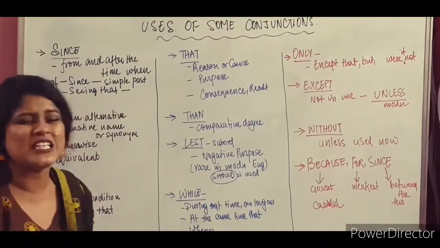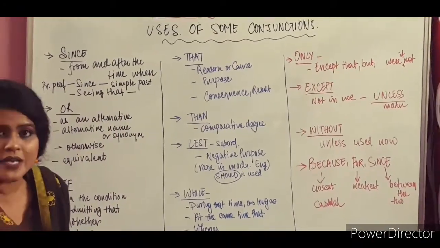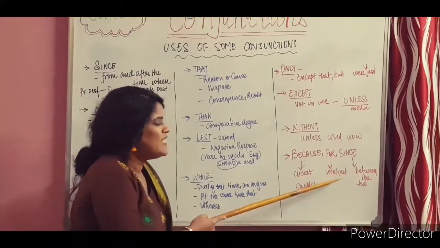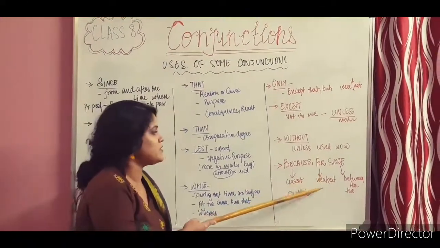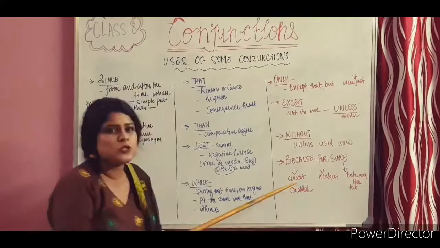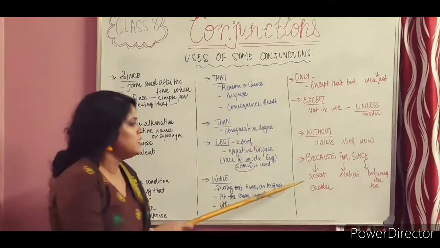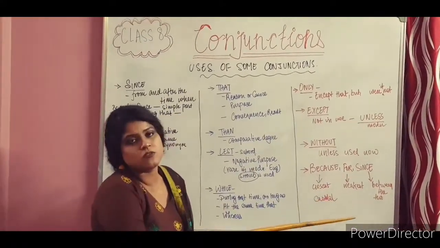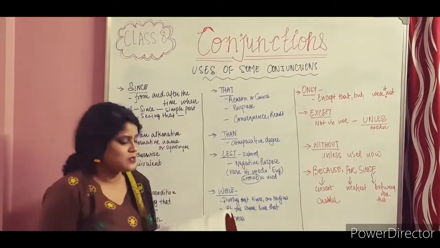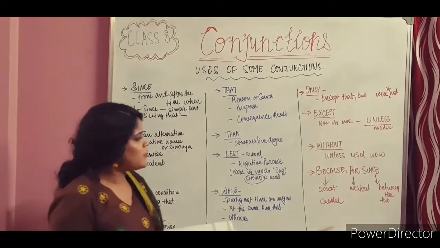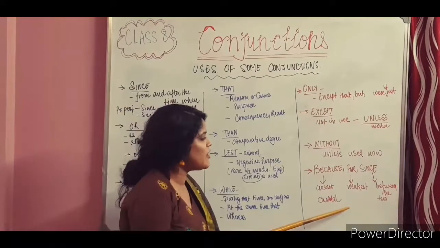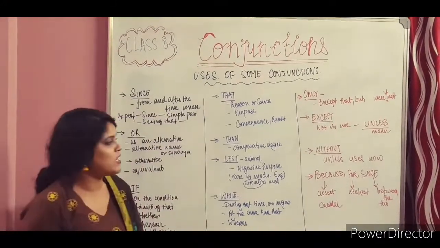For is the weakest one; when you use the conjunction for, the expression is the weakest. And since is between the two, in the middle. Not so close, not so weak. Alright, now I don't have to give examples for these because these are very common and we've already known about them.